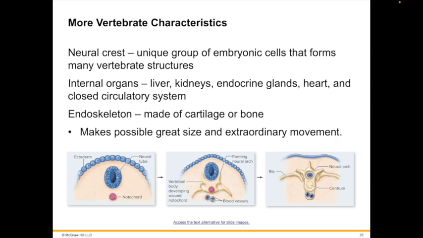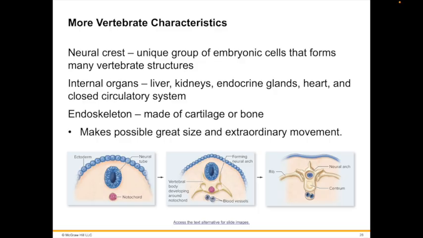A unique group of embryonic cells, the neural crest cells, contributes to the development of many vertebrate structures. These cells develop on the crest of the neural tube as it forms by invaginating and pinching together the neural plate. Neural crest cells then migrate to various locations in the developing embryo, where they participate in the development of many different structures.